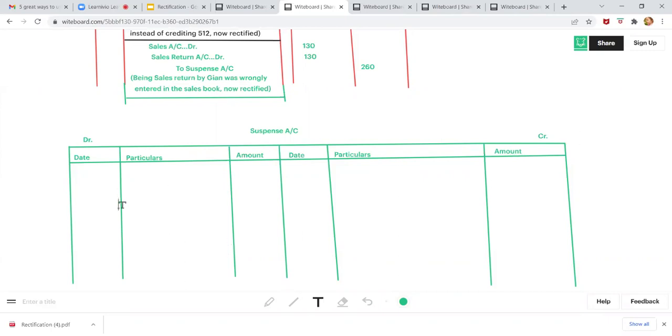This is the format of a suspense account. The left side is the debit side, the right side is the credit side. On the debit side we have date, particulars, amount, and on the credit side we have the same.